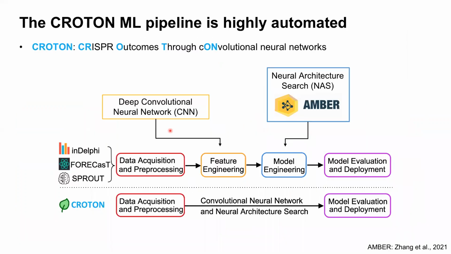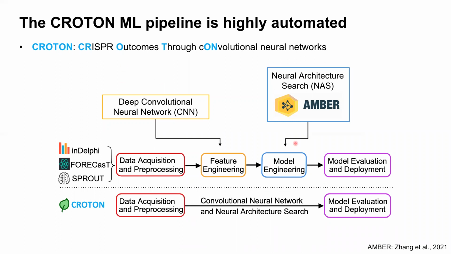So here's a closer look at how CROTON, which stands for CRISPR Outcomes Through Convolutional Neural Networks, was created using a highly automated machine learning pipeline. To automate feature engineering, we utilize deep convolutional neural networks, or deep CNNs, which are capable of automatically extracting features from our input CRISPR-Cas9 target sequences.